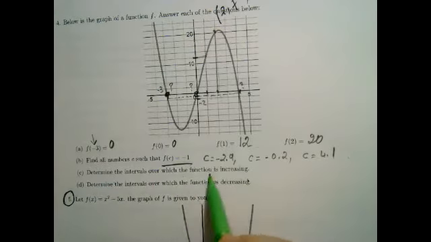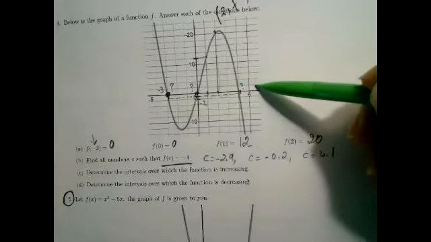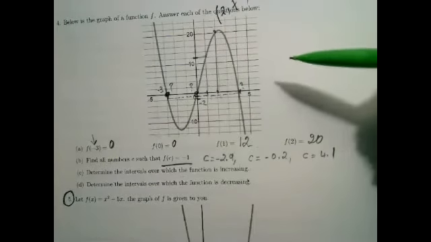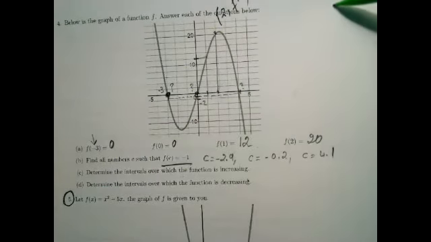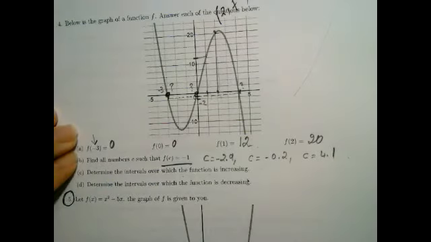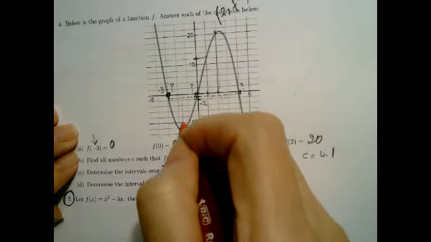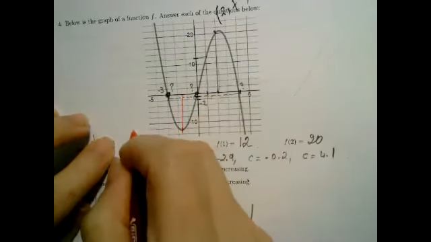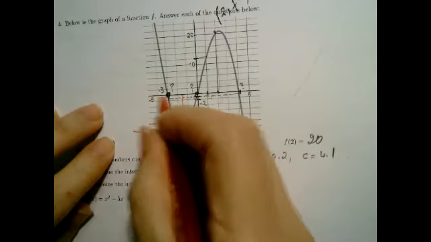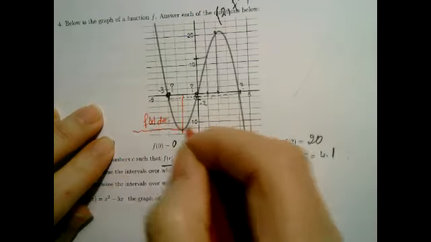Now determine the interval on which the function is increasing. So increasing means as the input increases, the output increases. So it means the graph is actually rising. So we go back and we analyze the graph piece by piece. Up to here, f is decreasing.